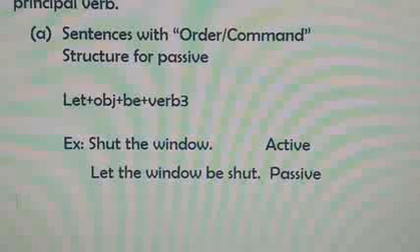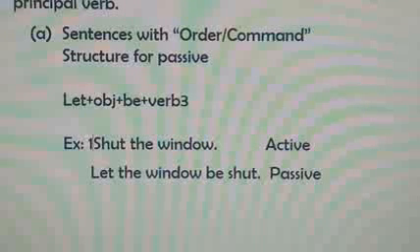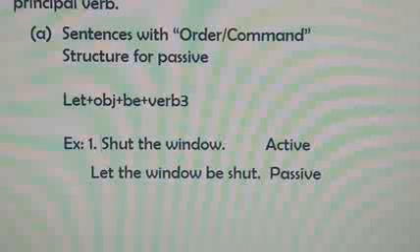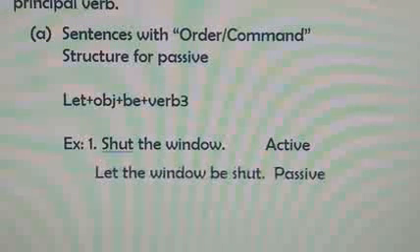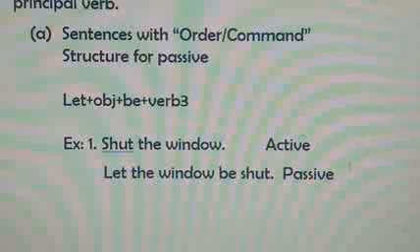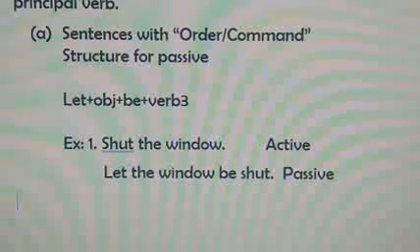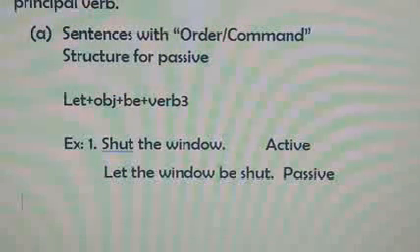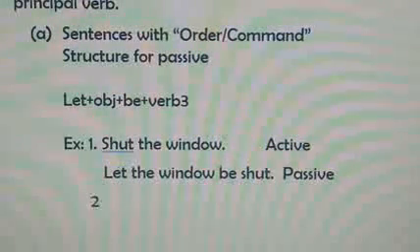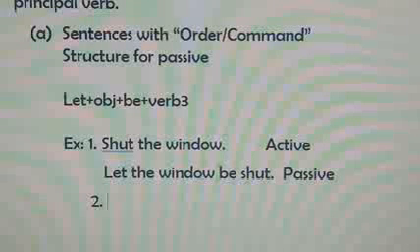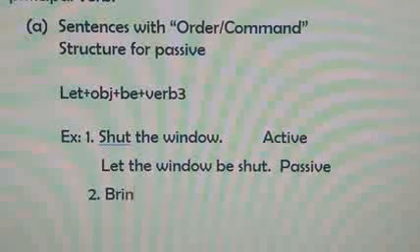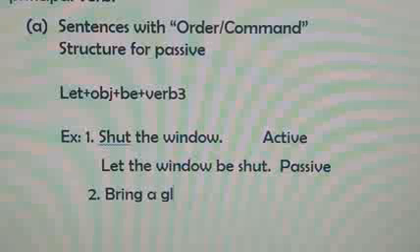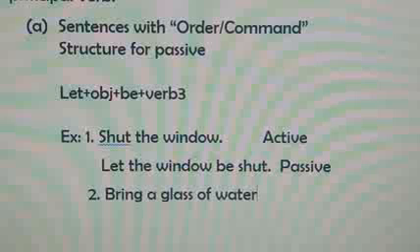Let's see another example for the same group. I am giving you such examples that they will help you to understand these kinds of questions very easily. Now, my dear children, suppose I am going to write, bring a glass of water.